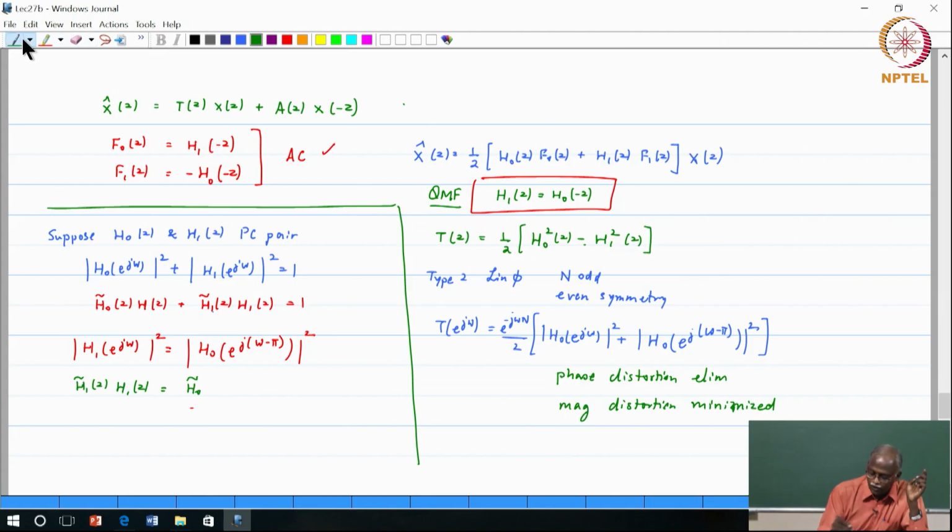H naught of minus z, H naught of minus z. Previously the old QMF constraint was this option, H1 of z equal to H naught of minus z, correct? It could very well have been this one, right, because these two have the same magnitude response. It very well could have been this, but of course you must allow for making it causal.